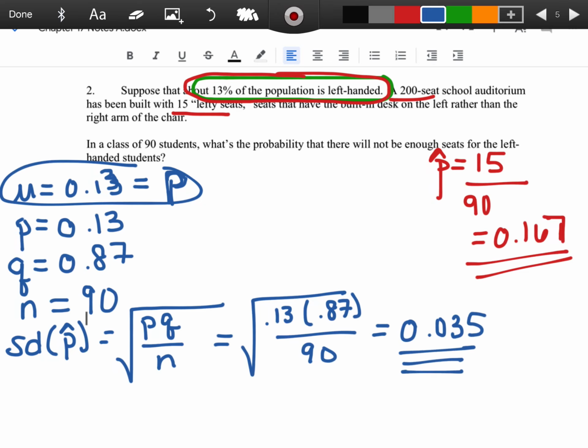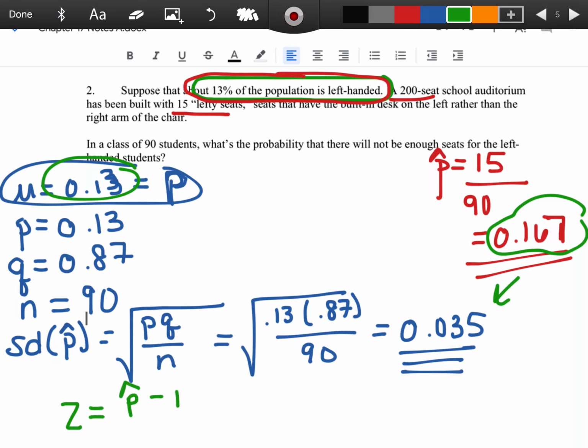The next thing I'm going to do before I switch to my normal curve is find my z-score. How many of these chunks of 3.5% is this going to be away from my mean? So my z-score is always p-hat minus p, over my standard deviation.